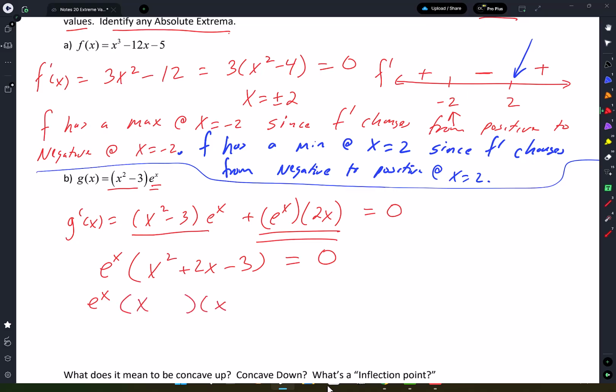X, 1 and 3. And the bigger number has to be positive, so bam, and then bam. E to the x will never be 0. E to the x will never equal 0. I mean, the limit, if x approaches negative infinity, it will be, but it will not be 0 ever.